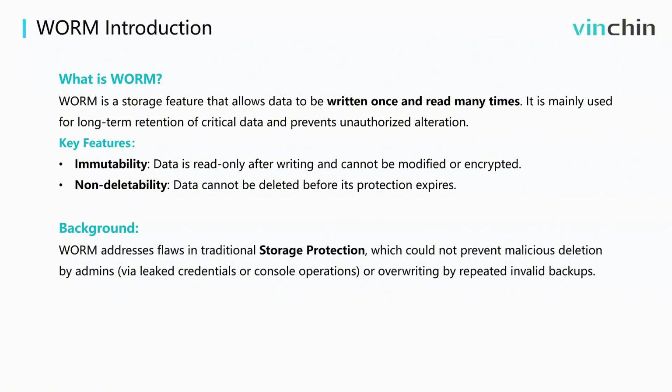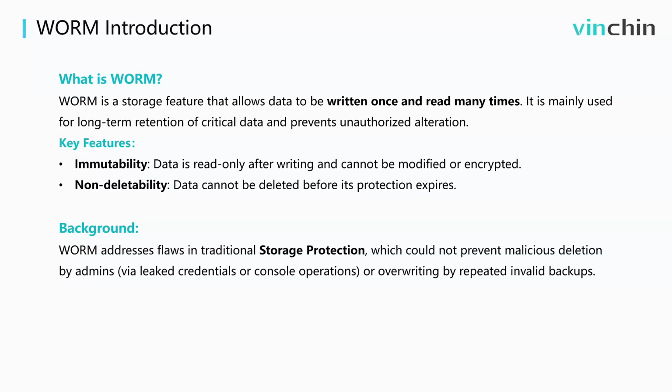Let me clarify it. With WORM, it will protect all the operations from the web or from your job configurations. No one can select or modify the backup from the web console.